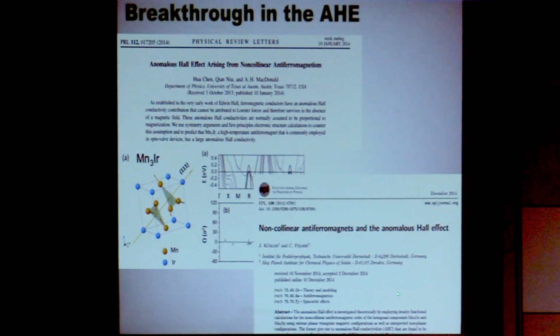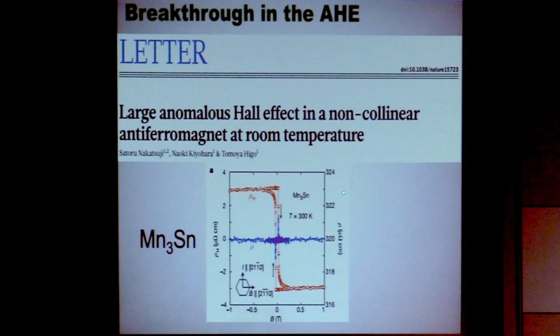But this other theoretical calculation is based on manganese-3 tin and manganese-3 germanium. They are hexagonal, so-called soft antiferromagnets with a small anisotropy energy. So in this case, it's very easy now for experimentalists to realize.